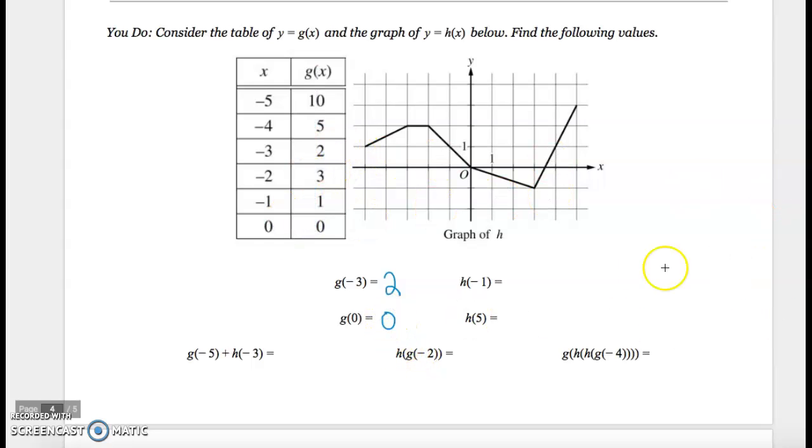All right, for my h, that's using my graph, so h of -1 means I'd go to -1 on my x-axis and I'd go up to my graph and then my output would be 1. And then h of 5 would be 1, 2, 3, 4, 5 on my x-axis. I'd go up to my graph, and that output is also 1.